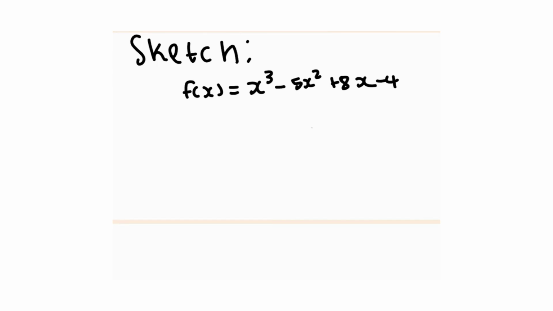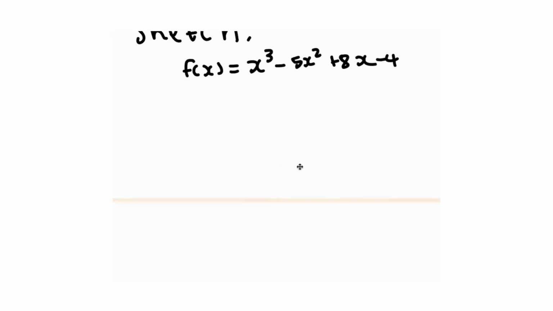We have to sketch the graph of f(x) = x cubed minus 5x squared plus 8x minus 4. Remember, we said the first thing is our shape, and already we can see our a, the number in front of x cubed, is a positive one, so a is greater than 0. We are working with a local maximum first and then a local minimum.